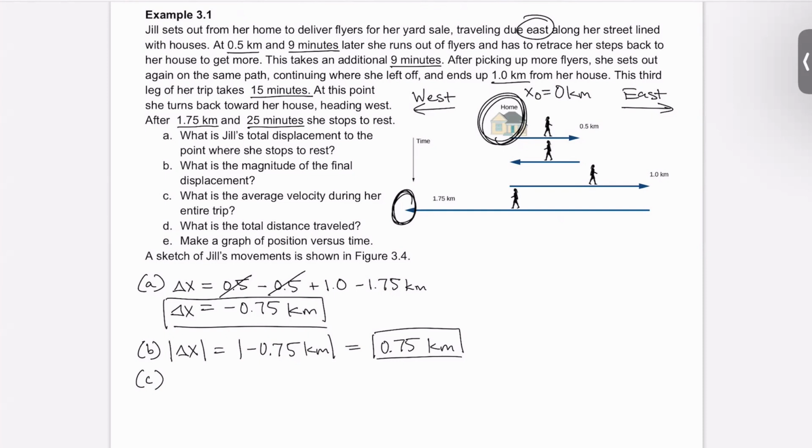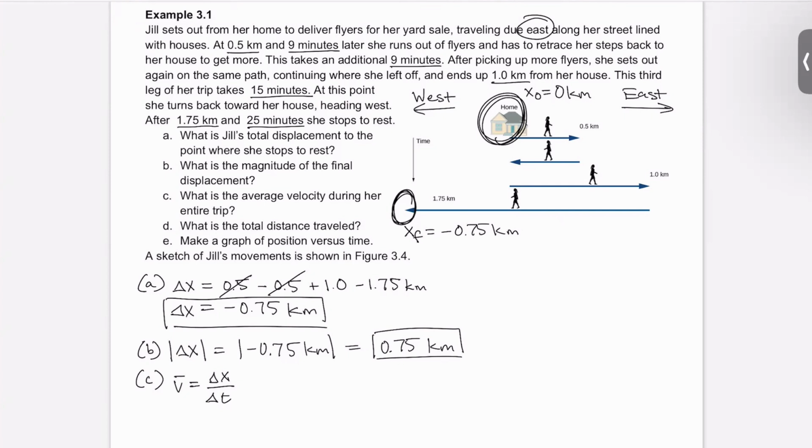And our ending point, as we know from calculating total displacement in part A, is negative 0.75 kilometers. And what about the change in time? Because remember, average velocity's formula is change in position over change in time. So the change in time would just be the total time that passed during Jill's entire trip.